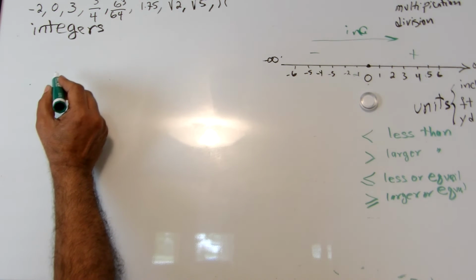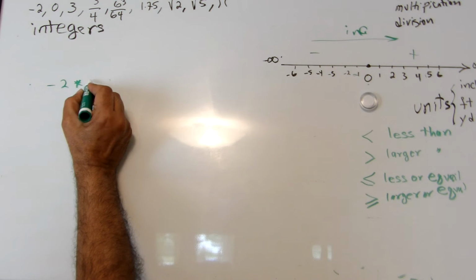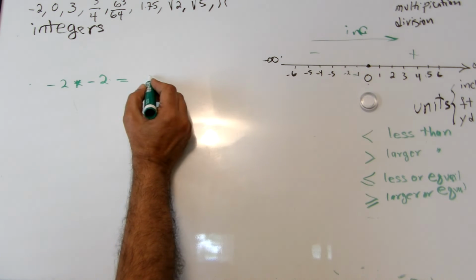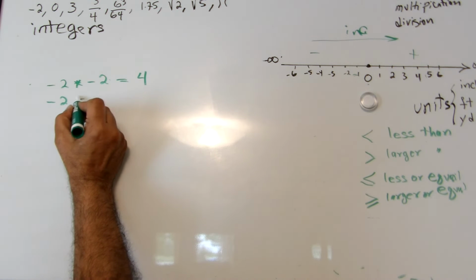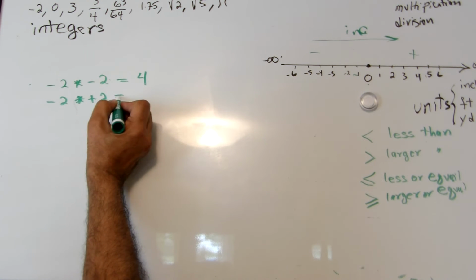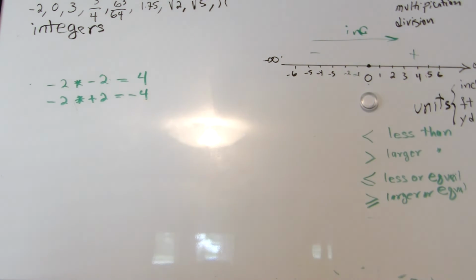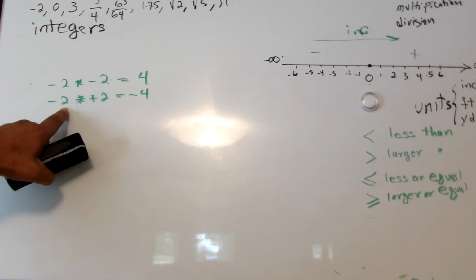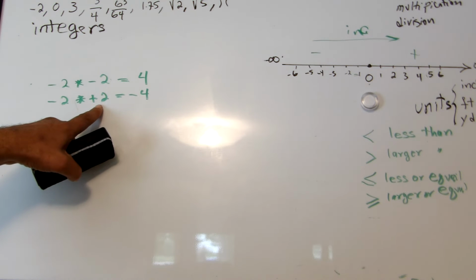Multiplication of this: we have minus 2 times minus 2, which is 4. Because if minus 2 times plus 2, it's going to be minus 4. A minus times a positive is going to be minus, like in here we have minus 2 and here we have a positive integer.